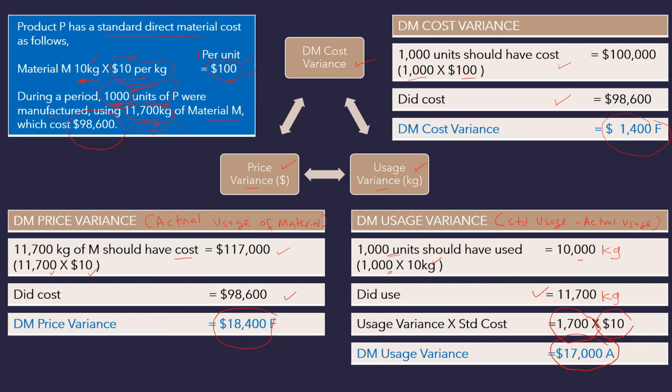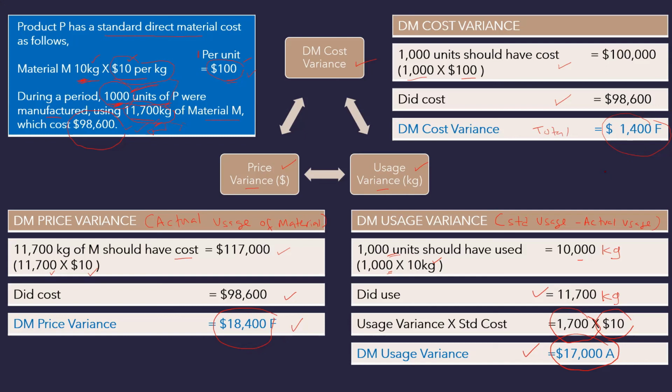Now, when you compare the $18,400 favorable variance and the $17,000 adverse variance, favorable against adverse, you can see the difference: 18,400 minus 17,000 is the total cost variance of $1,400, a favorable variance.